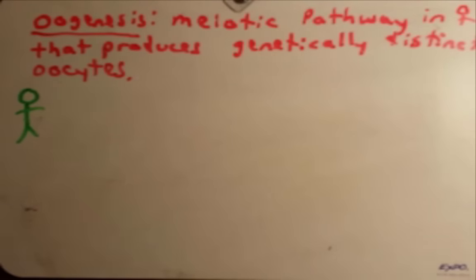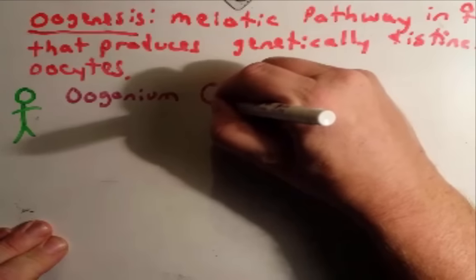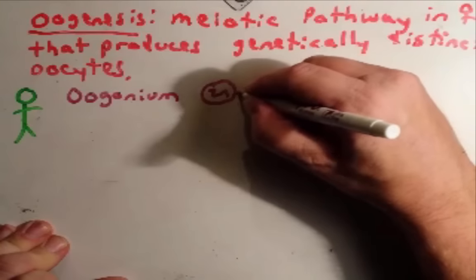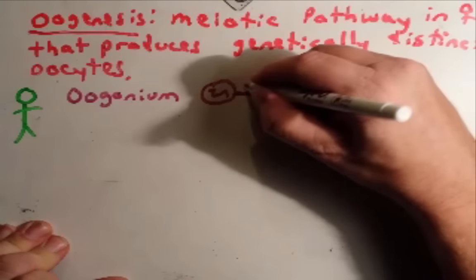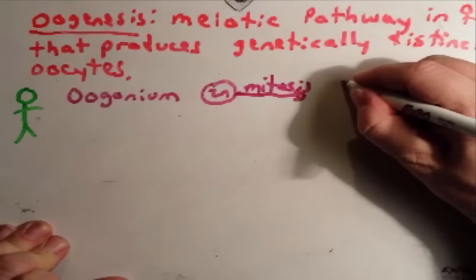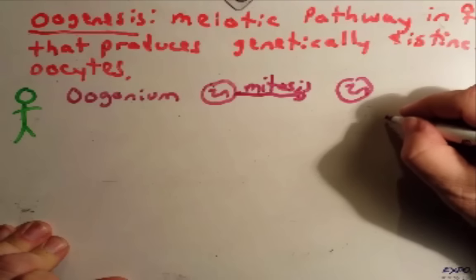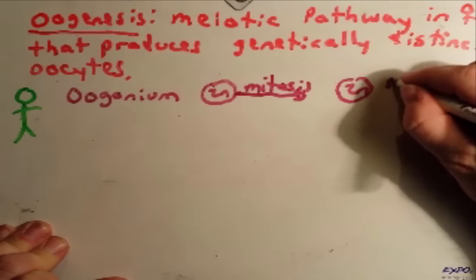So again, similar as we said with spermatogenesis, in a human, in this case a female human, all their cells are reproducing by mitosis with the exception of the oogonium. The oogonium is a diploid cell. Just like we talked about with the spermatogonium, they also will go through mitosis to generate new identical diploid oogonium.